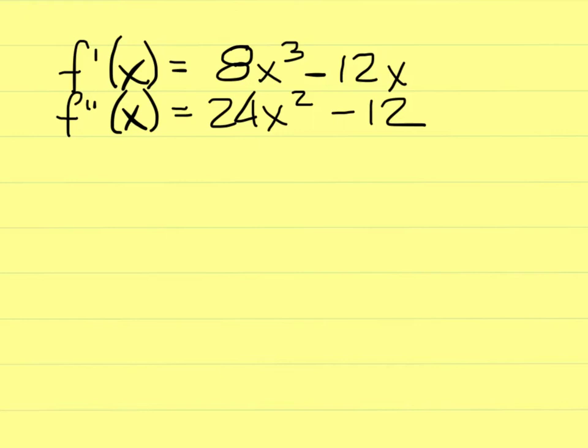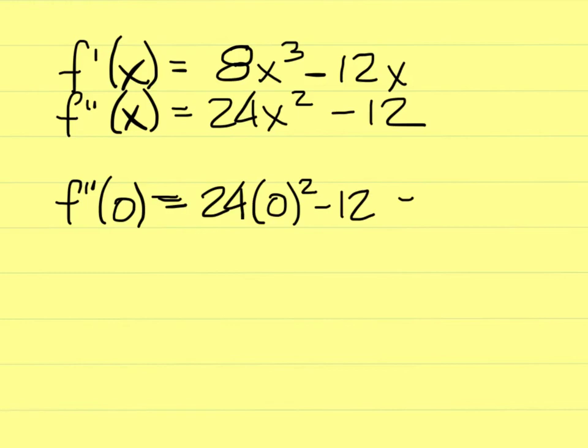Now, for a second derivative test, let's plug in the x value from the first point, which is 0. And if I put in 0, 24 times 0 squared minus 12, I come back with a negative 12. Since that is negative, it should be what kind of point? Maximum.